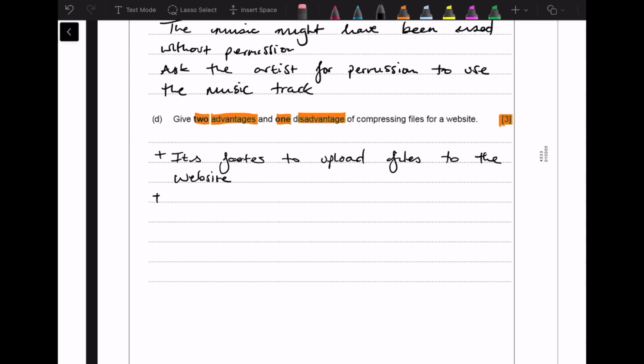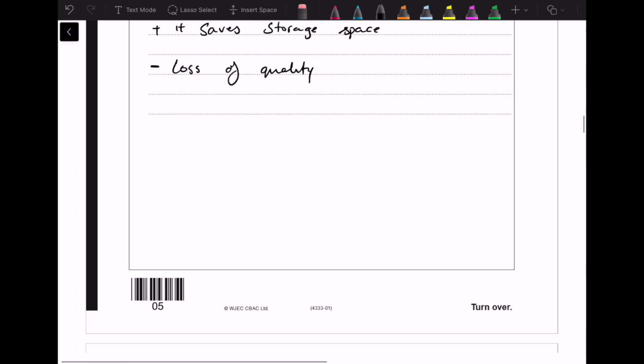Another plus would be it saves storage space. The downside, well, loss of quality is going to be the main one, right? This is actually quite a nice question because that could come up either on websites or it could come up in the imaging section as well.